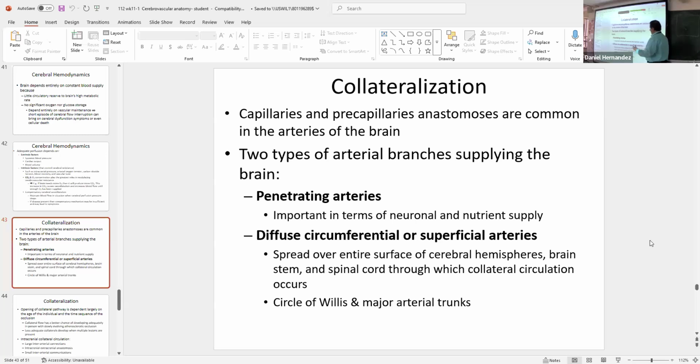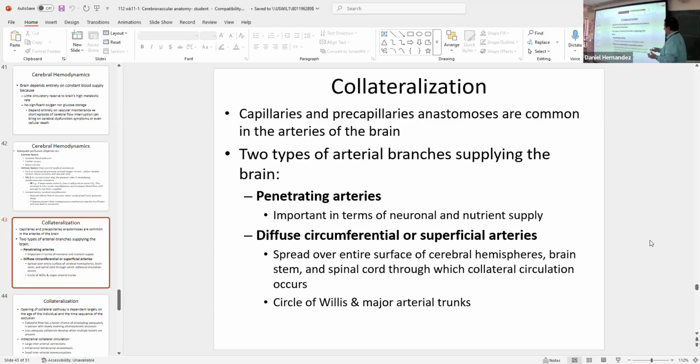In addition to the major vessels of the circle of Willis, we have smaller collateralizations, or connections, on a smaller level with the vessels within our brain. There are capillaries and precapillaries that form these collateral pathways, these anastomoses. There are two types of arterial branching supplies in the brain.